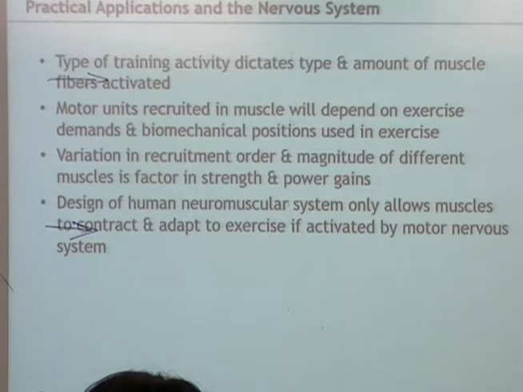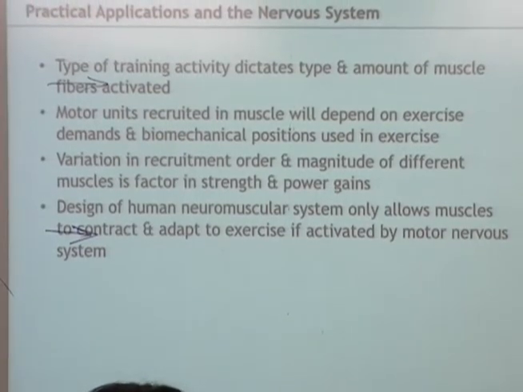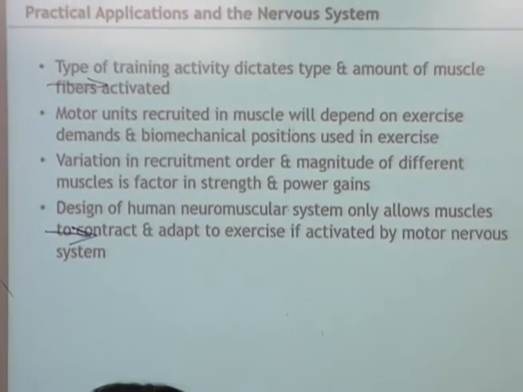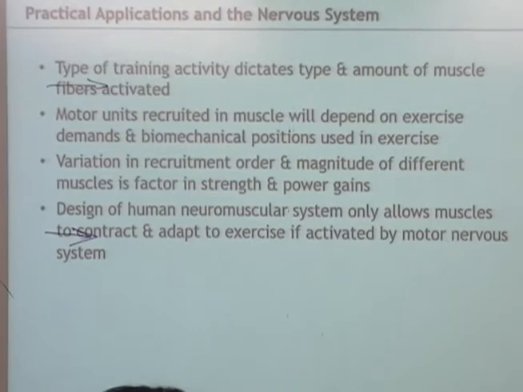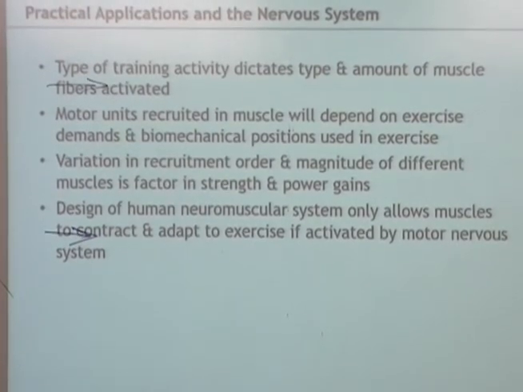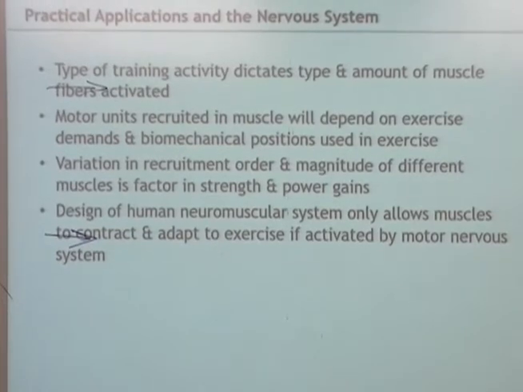So all of this comes back to specificity of training. My principle of specificity. We have to do the training that creates the adaptation that improves the performance that we want to see.